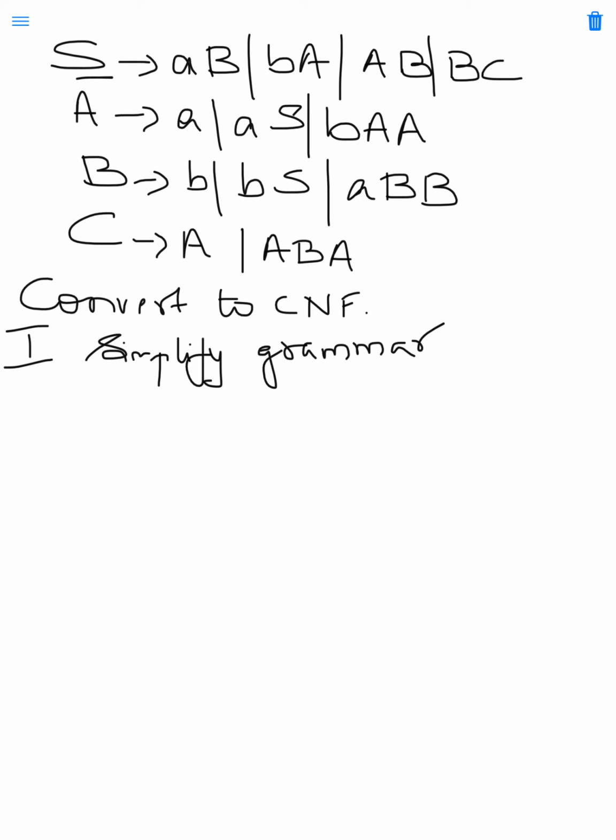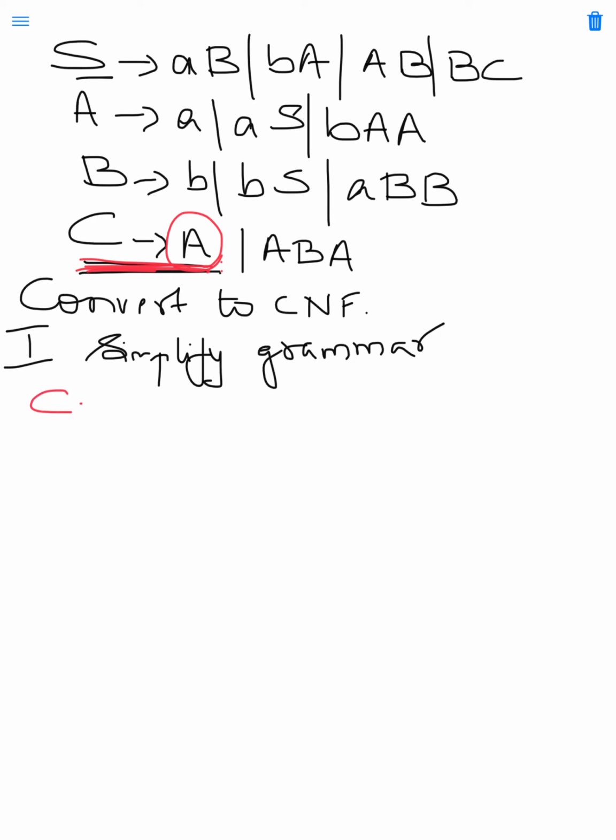Then there is no epsilon production also, but there is a unit production, that is C gives A. C gives A is a unit production. In order to remove the unit production, you need to replace it with the right hand side of the corresponding non-terminal's production.